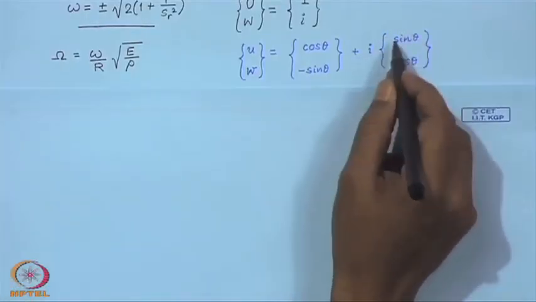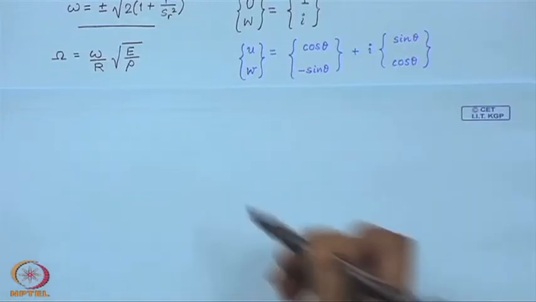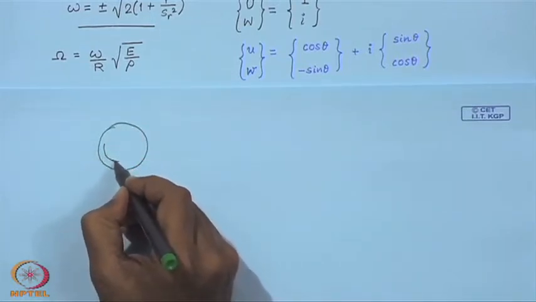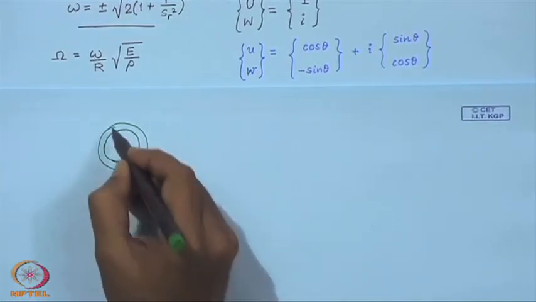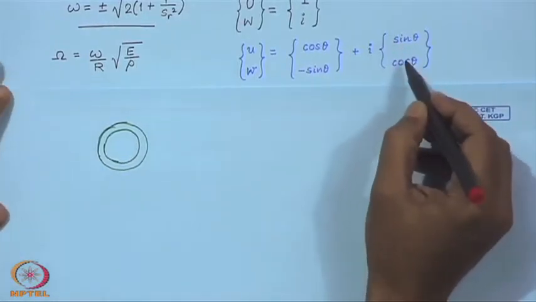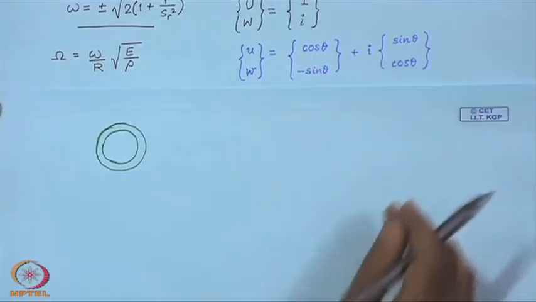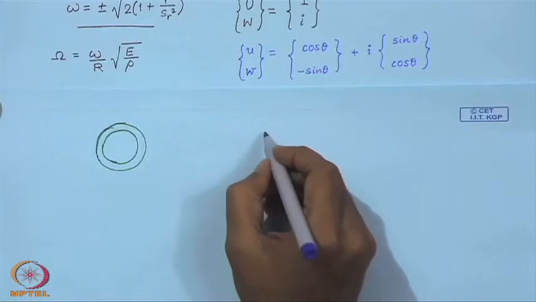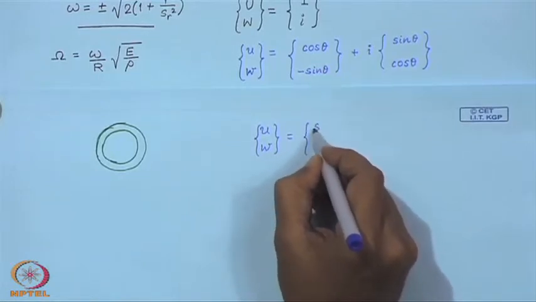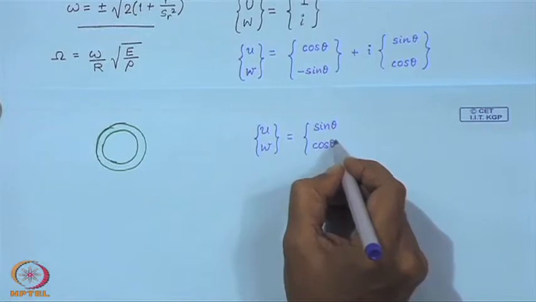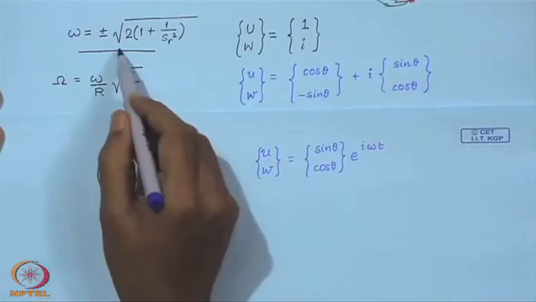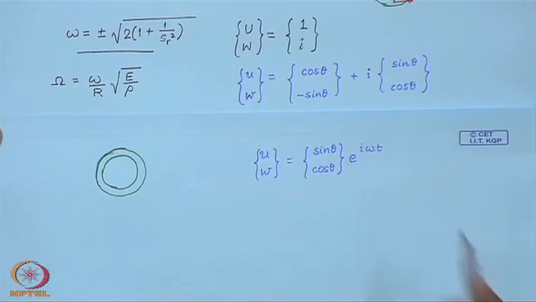So, let us consider this imaginary part. Once again let me draw the ring. So, if you consider this imaginary part of the solution as the eigenfunction, the motion can be written as, where omega is of course given by this circular eigenfrequency.